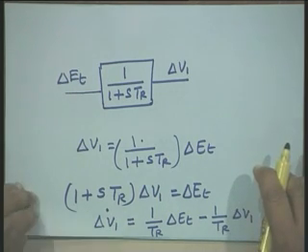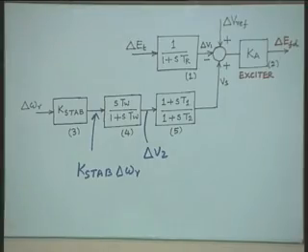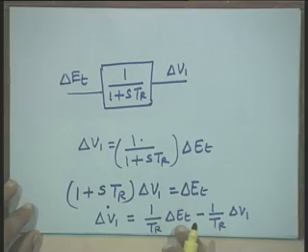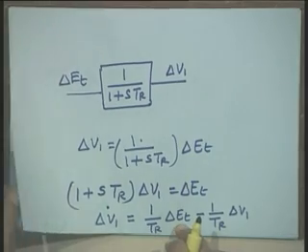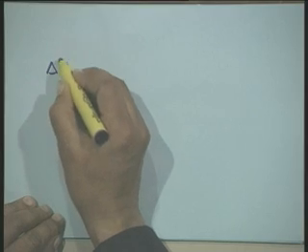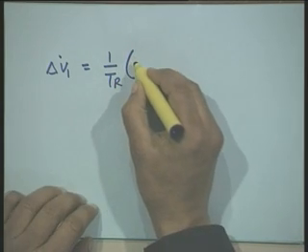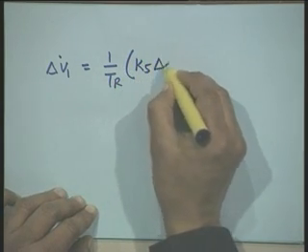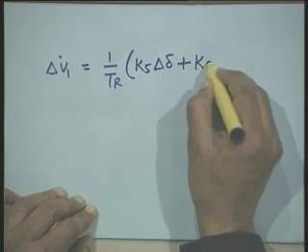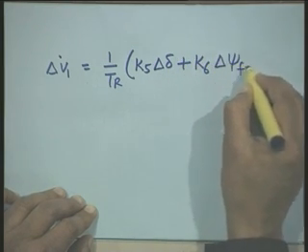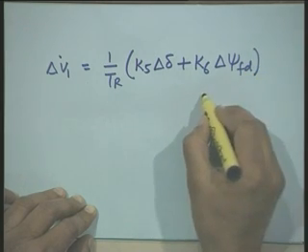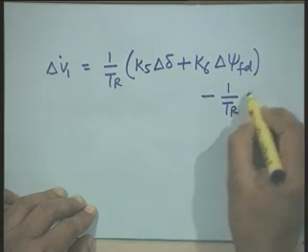Okay. Now, to make this a complete equation, because delta Et is not a state variable, but delta Et can be expressed in terms of the state variables, delta V1 dot is written as 1 upon Tr, delta Et is equal to K5 delta delta plus K6 delta psi fd, okay, minus 1 upon Tr delta V1.